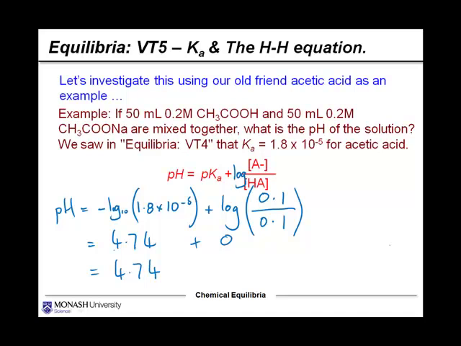It's nowhere near as acidic, or we should say the amount of H3O plus in solution is significantly less. And so the effect of adding a buffer, it buffers us against stronger pHs, if you like, in the case of an acid. Okay, that's a nice simple example.